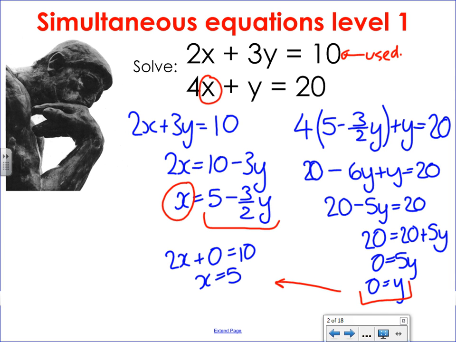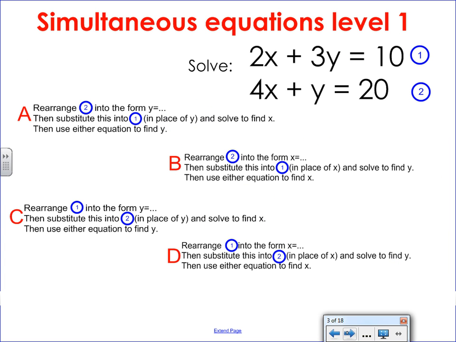Done. So the answer is 5, 0. Exactly. You may be watching this and thinking the other way is much easier, so I'd rather do the GCSE way. You're probably right, but you can't use the GCSE way for more complicated situations, so you do need to use this method.